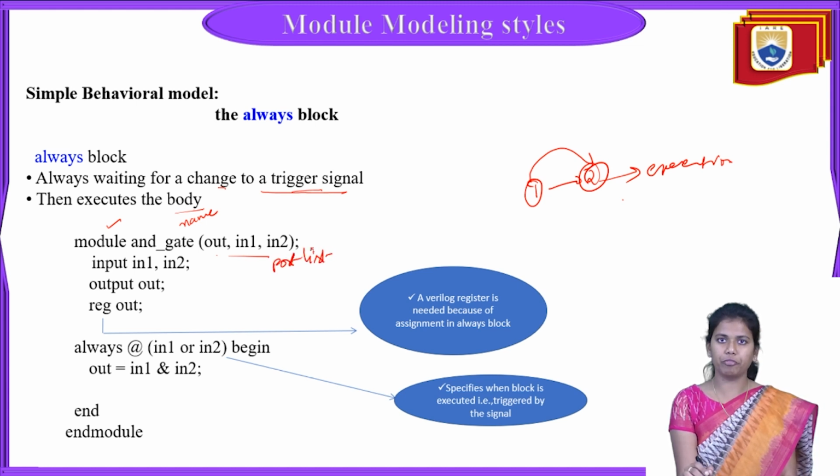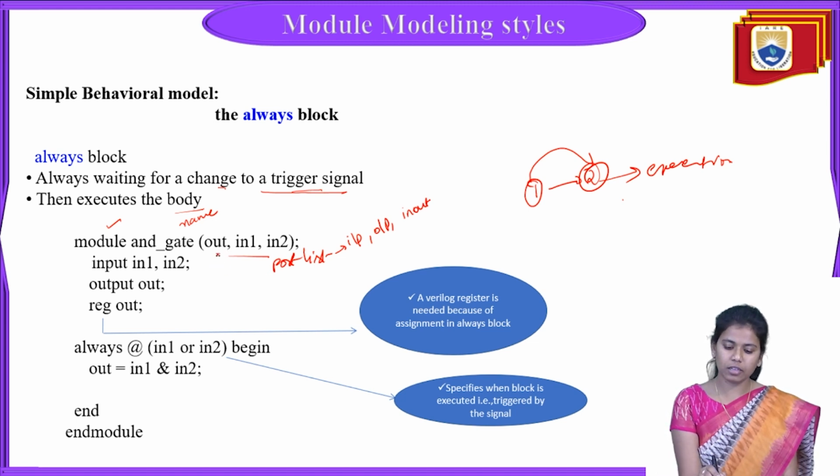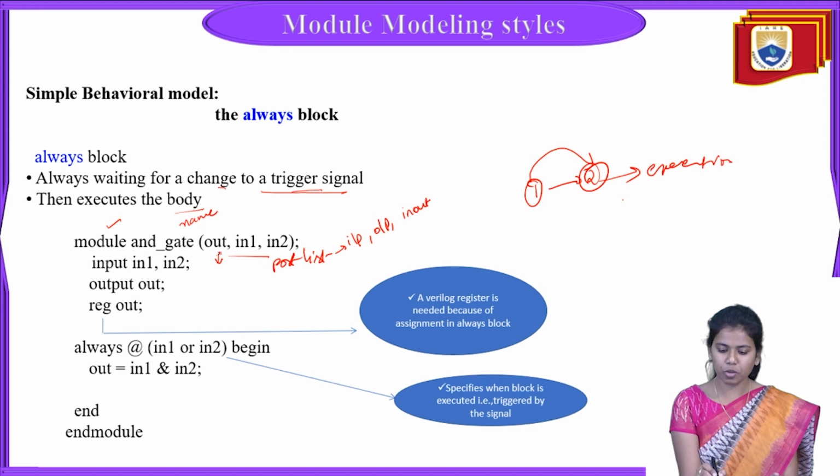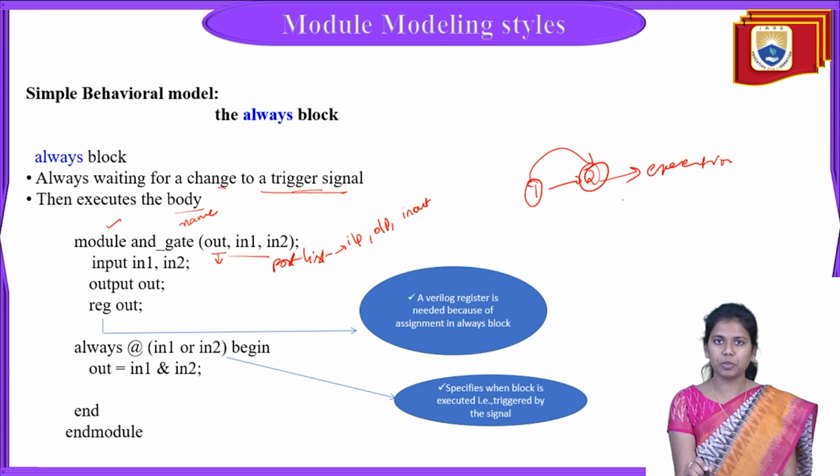As I said before, this port list consists of input ports, output ports and in-out ports. In the declaration of the port list, we declare the output ports first. I am repeating this once again: in the port list, we represent the output ports first and then the input ports. The output port is represented with out and the input ports are represented with in1 and in2.